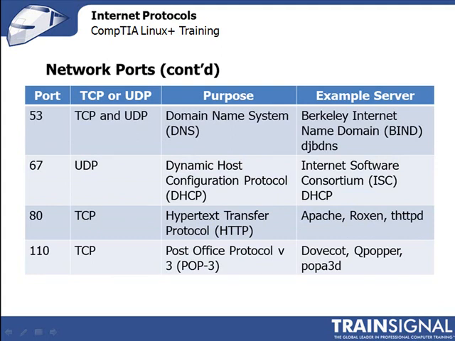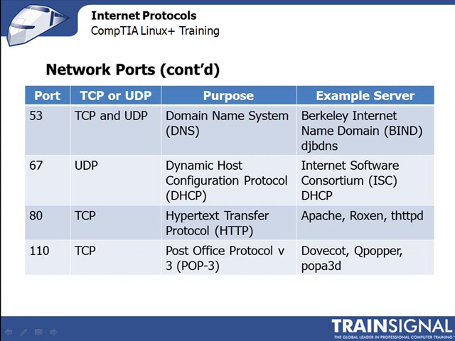Its purpose is DNS, or Domain Name System, and an example server is BIND or djbdns. Next, port 67 uses UDP, and its purpose is Dynamic Host Configuration Protocol or DHCP. Example servers are ISC DHCP. The next one you should recognize, port 80, which uses TCP, and its purpose is Hypertext Transfer Protocol, or as we all know it, HTTP.